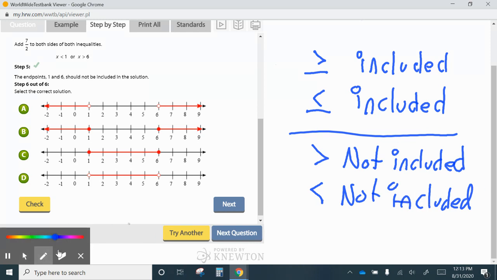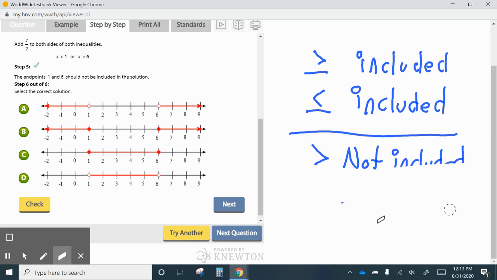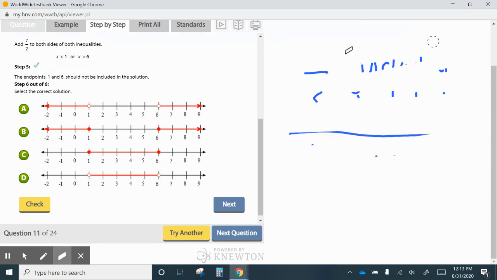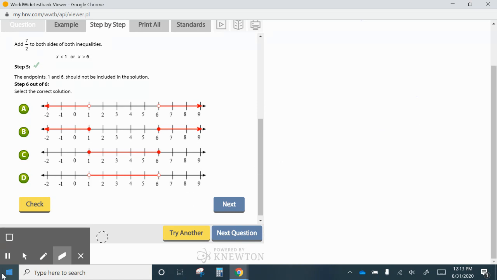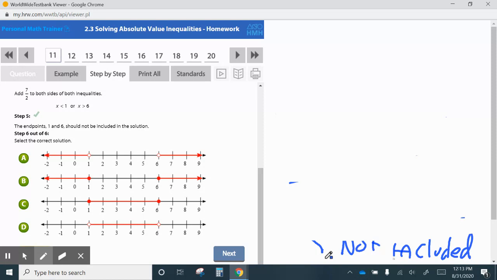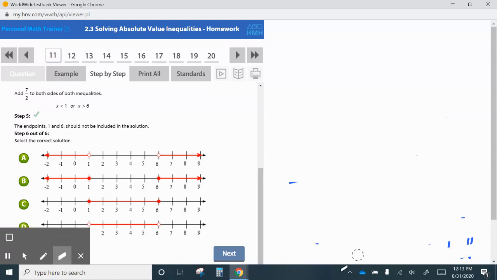Okay. So this problem has a lot of pieces to it. All right.